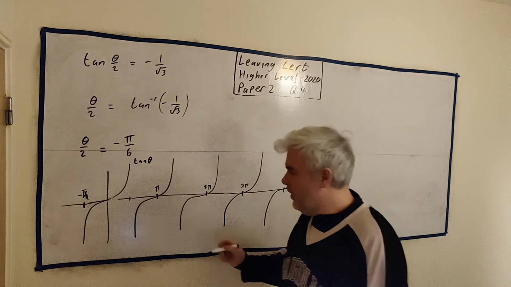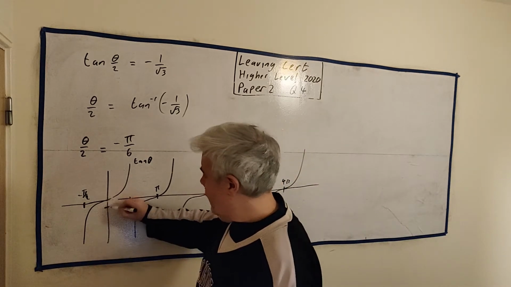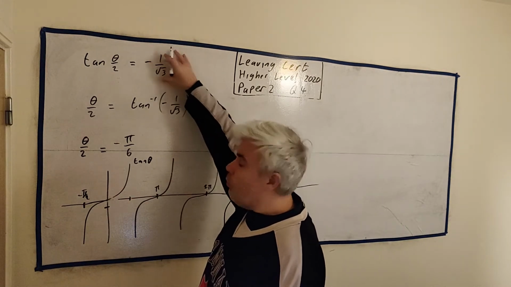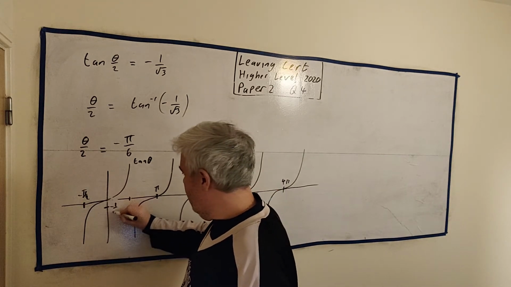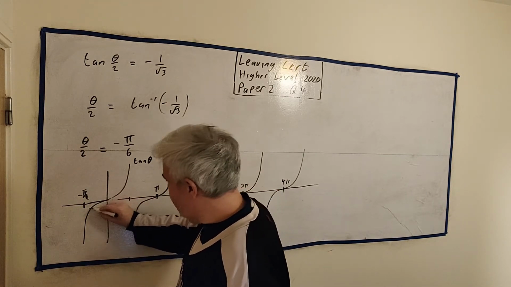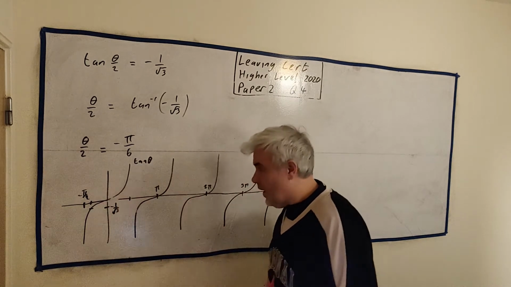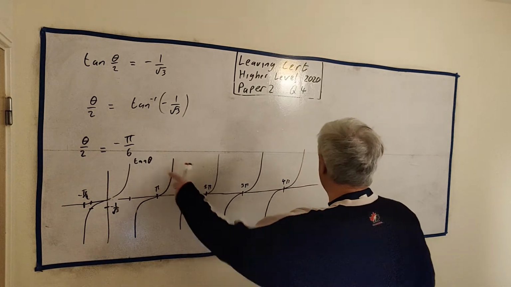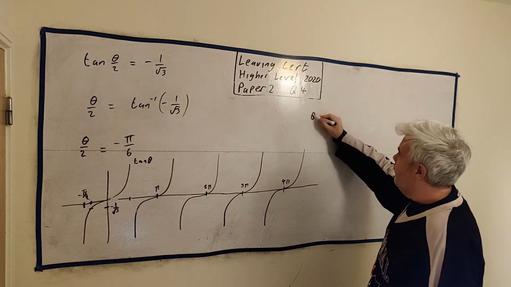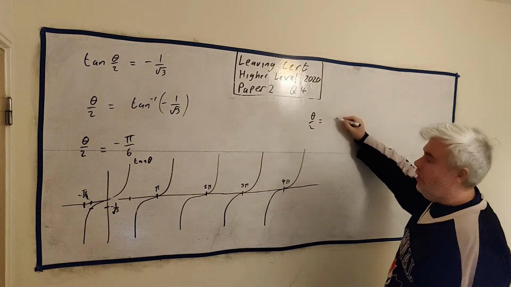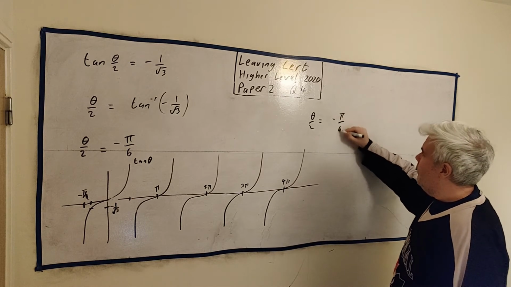Right, so my calculator tells me the answer for minus 1 over square root of 3, which would be somewhere around here. So it gives me the answer theta over 2 is equal to minus pi over 6.